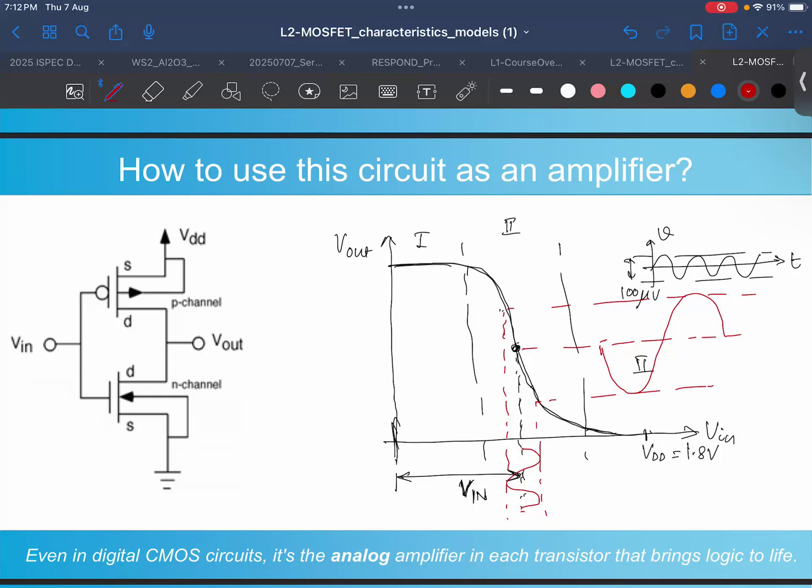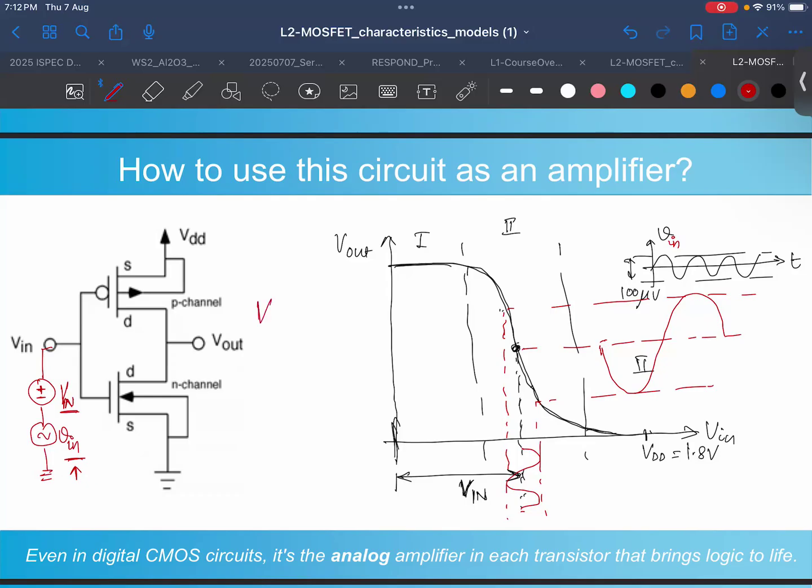But the only thing I have to do to make it work is give a DC, and on top of that I give this small AC. So this is my capital V in and this is my small v in. This is how we represent the small signal which is coming from a source, and this is the DC which you have to apply to go to that region.